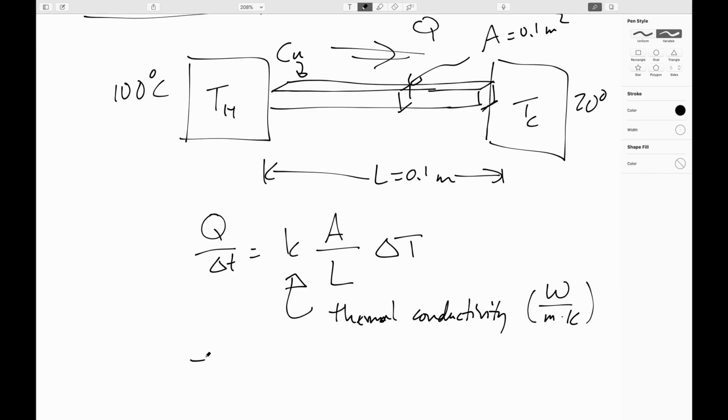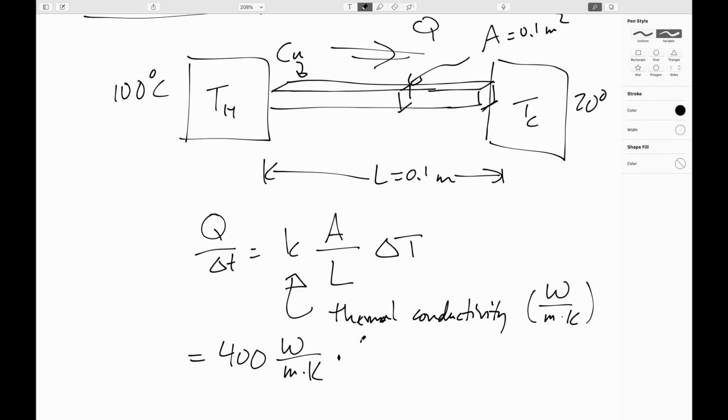Sure enough, if you look up the number in the tables, you won't have a hard and fast number, but it'll be around 400 watts per meter Kelvin. The reason the number won't be hard and fast is it depends on details like the exact alloy that they were using to make the table.